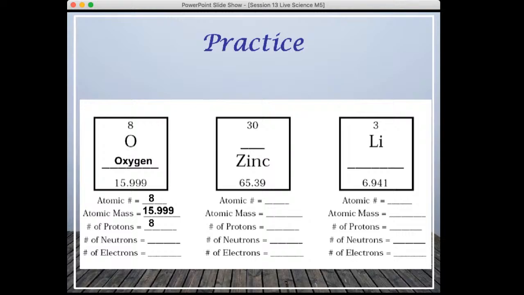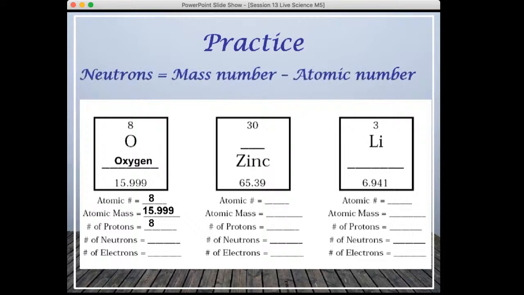The number of neutrons is equal to mass number minus atomic number. That means, in our first example, the number of neutrons is equal to 16 minus 8, which we get 8. The number of electrons is equal to the number of protons in a neutral atom. So that means the number of electrons is also equal to 8.